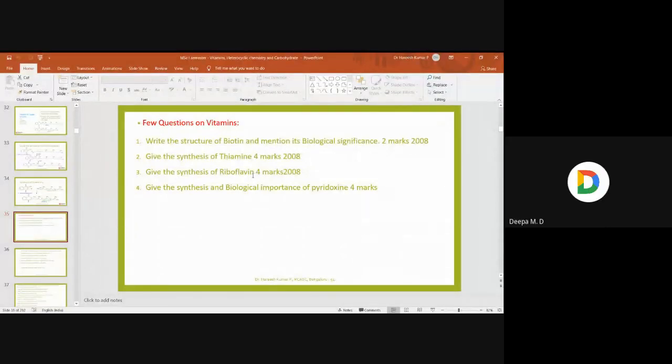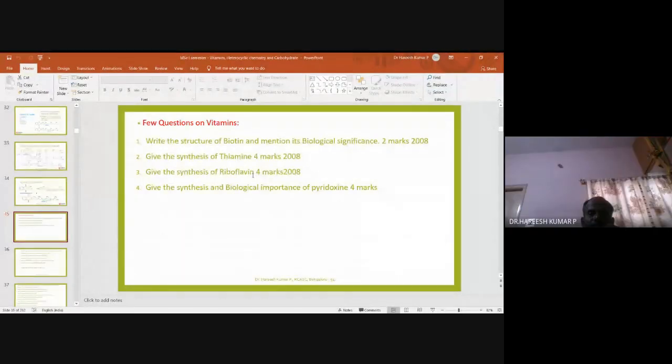Should we write an explanation of the reaction? As per Bangalore University, if you are writing the synthetic scheme, that is more than enough to get the marks.